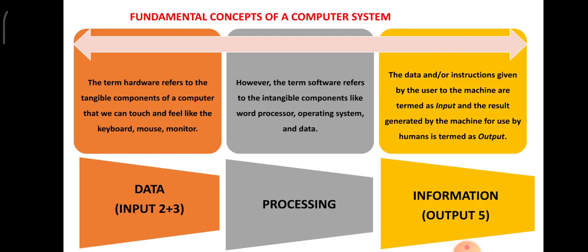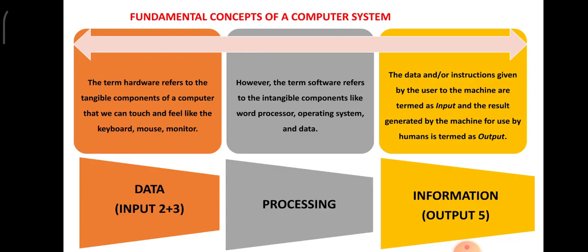However, the term software refers to the intangible components like word processor, operating system and data. After rebooting your system, you have your desktop, okay, and after that you open a program, Word document, PowerPoint presentation, Excel document. All these things you cannot touch and feel, but you can store the information.